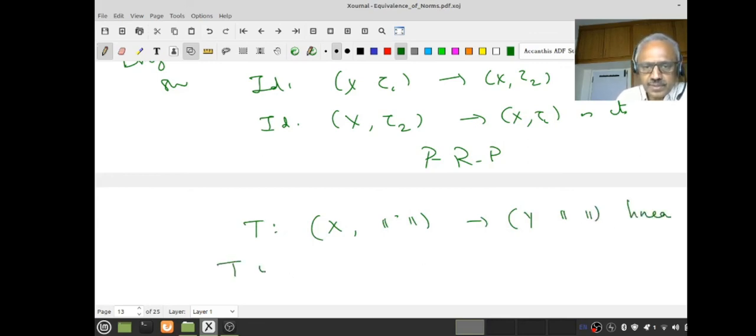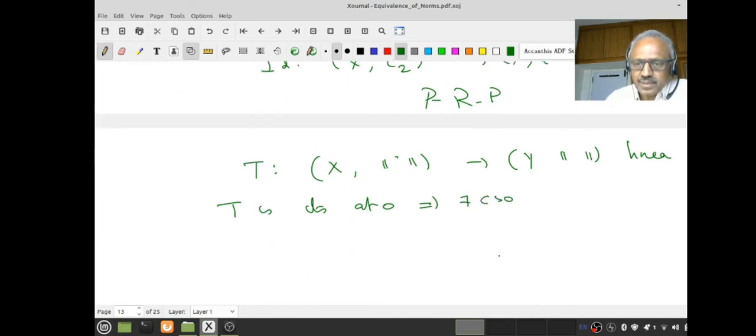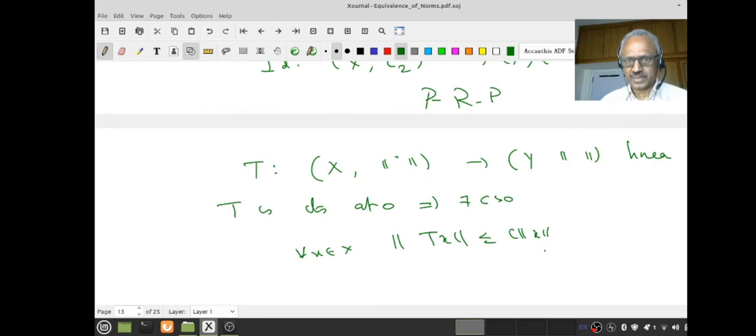Then T is continuous at 0 implies there is a constant C, so that norm of Tx is less than or equal to C times norm of x. Then we proved that T is already continuous on all of X.